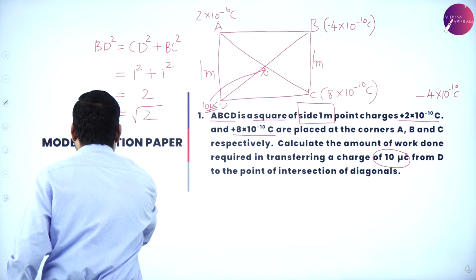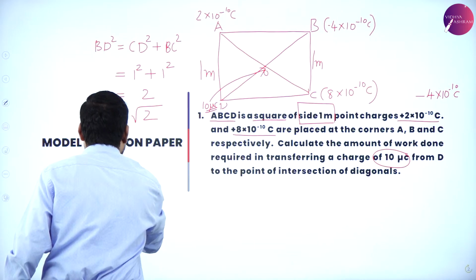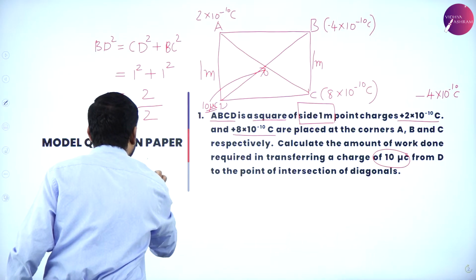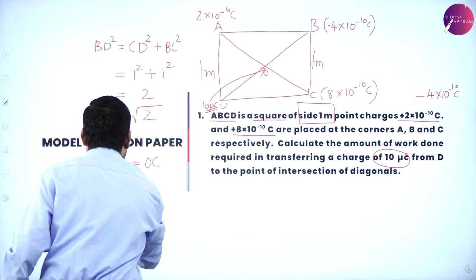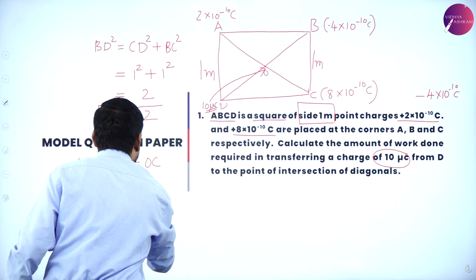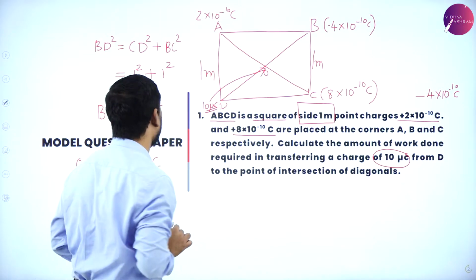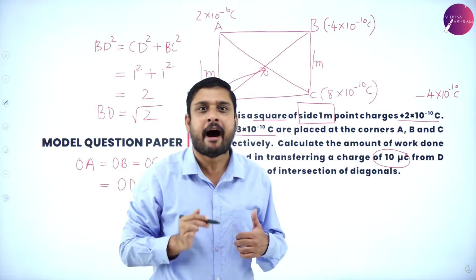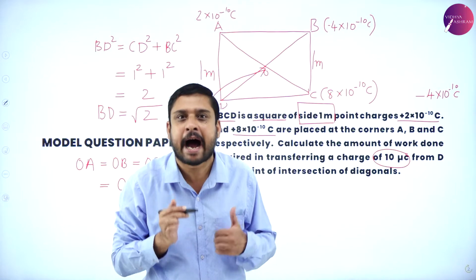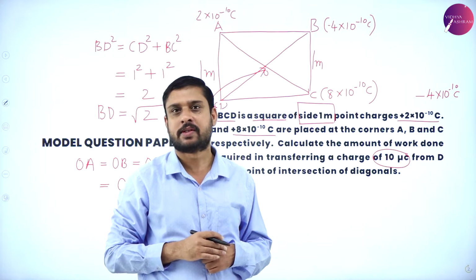Therefore, OA equals OB equals OC equals OD is 1 by root 2. Half of the hypotenuse.